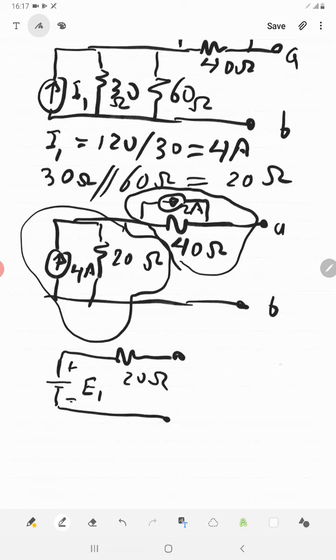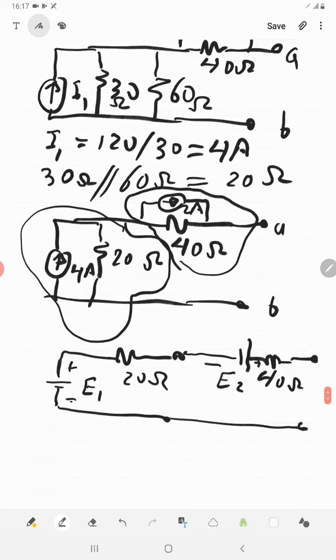The other one will be 40 ohms in series with, look at the direction, minus plus E2, and these are the 2 points A and B.